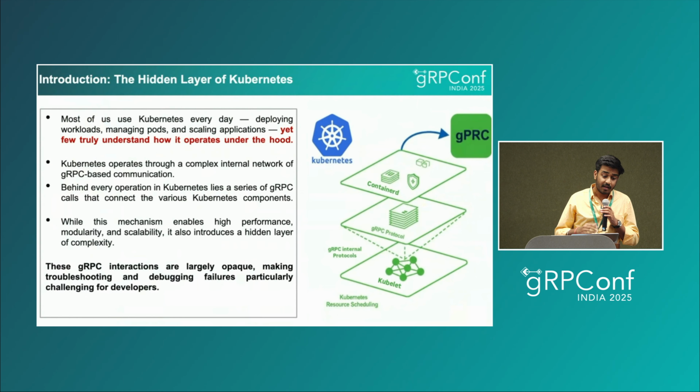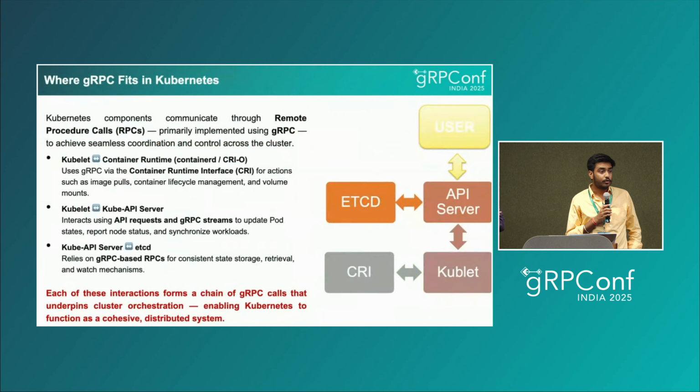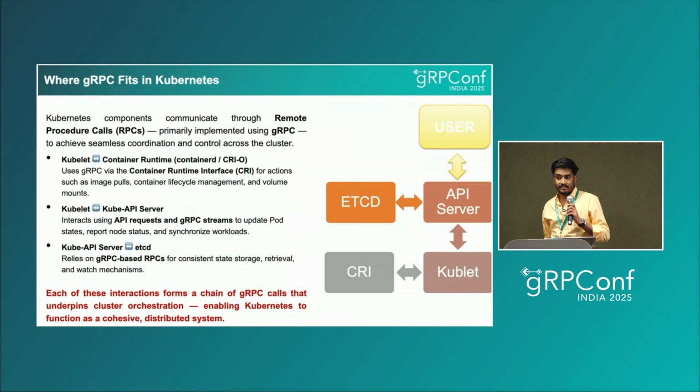So let's understand where gRPC actually fits into Kubernetes. Let's understand this slide with the help of a basic example, right? Suppose we want to deploy a pod. When we apply the YAML to the cluster, the API server receives the request and the scheduler decides which node the pod is going to be scheduled on.